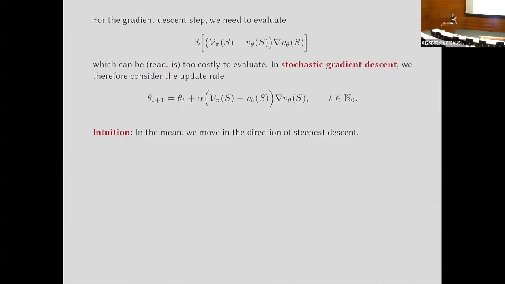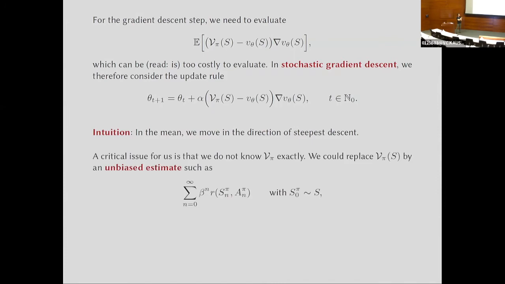Okay, and as I just said, as long as this estimate, our stochastic gradient, has an expectation that is the steepest descent, we are good to go. And this is very nice because in our reinforcement learning applications, we don't know v pi, but it's very easy for us to write down something which in expectation is v pi, namely the total discounted rewards.